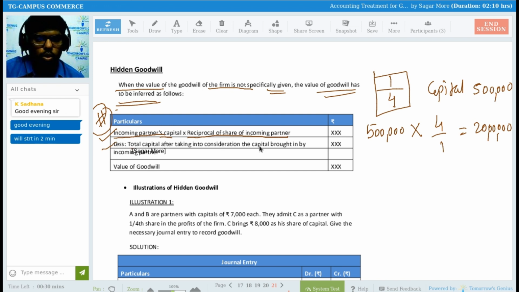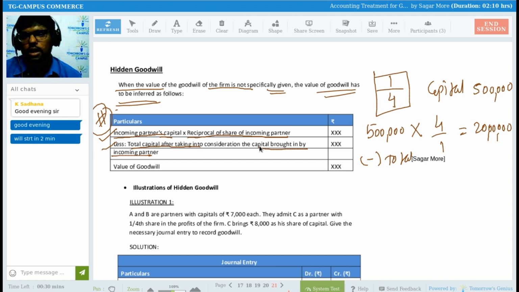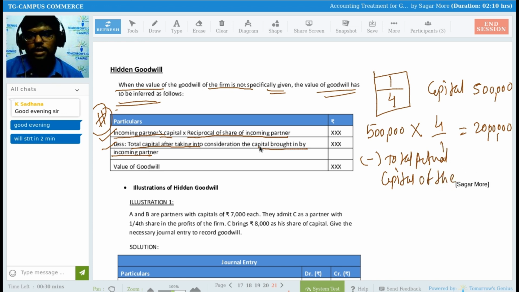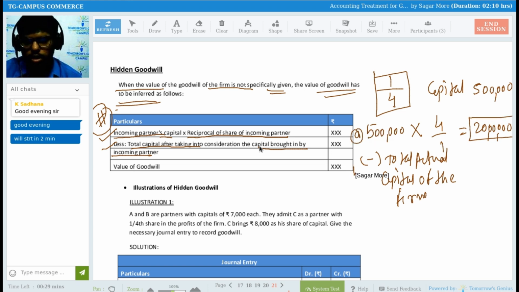Then we have to subtract the total capital after taking into consideration the capital brought in by the incoming partner. Out of this 20 lakhs, we have to subtract the total actual capital of the firm. That is nothing but, if there are 3 partners, A, B and C, we have to add everyone's capital, A plus B plus C's capital, right? And whatever difference you are getting, that is the goodwill amount. For example, 20 lakh rupees is the amount we get in the first step.